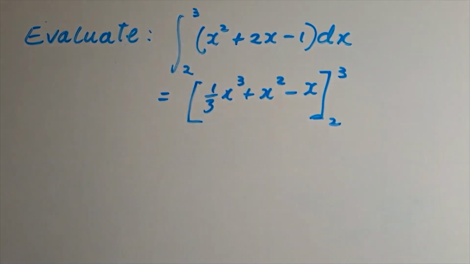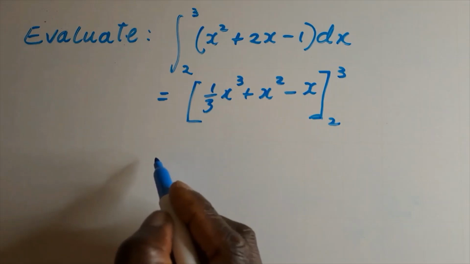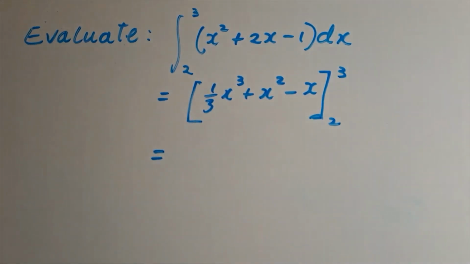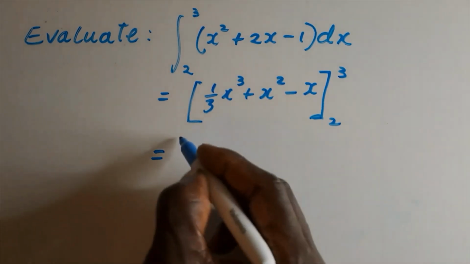3 and 2. Now the constant of integration disappears when we evaluate to find a definite integral. Now this is in areas, and so there's no constant of integration. And now we can substitute for our upper boundaries and lower boundaries.